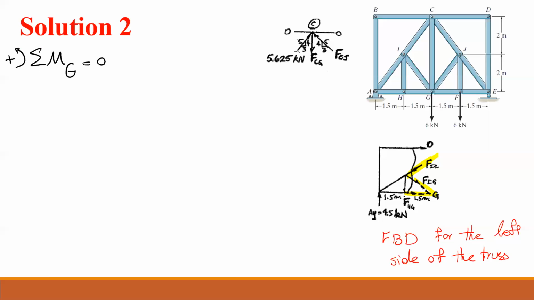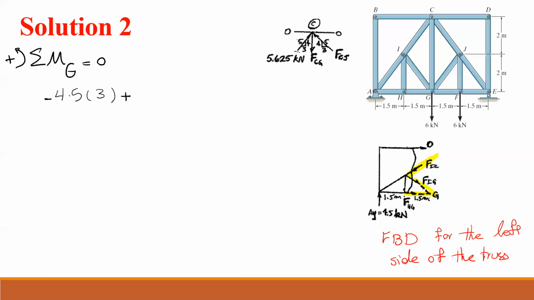Let's say counterclockwise is positive. So what I have is the reaction is 4.5, so it's 4.5 multiplied by the distance from G, which is 3 meters. How about the direction? It makes a clockwise moment, so it's negative.